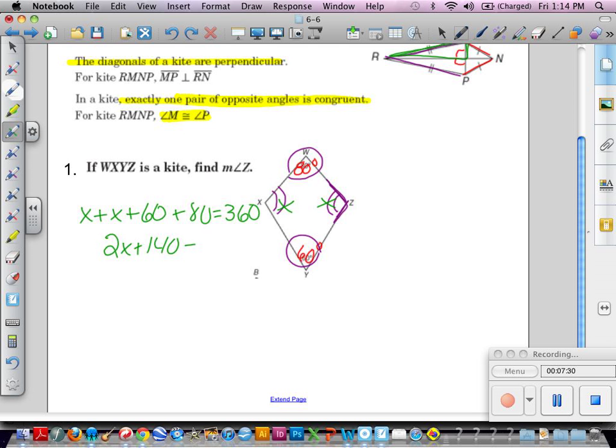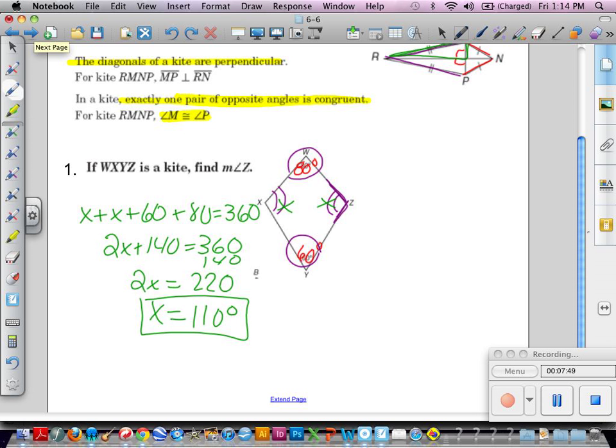I'm writing algebraic equations. 2x equals 220. x equals 110 degrees. Now, I can hear some of you going, I'm just going to do this shortcut. 360, I'm going to minus my 80, minus my 60, and I'm going to get 110 degrees. I know I have to split them equally, divide by 2.